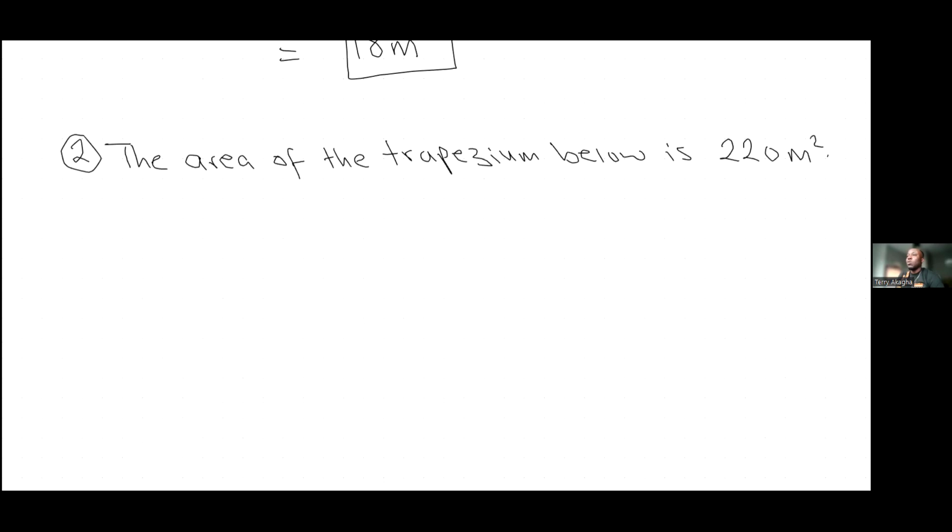We're now told to calculate the height of the trapezium.